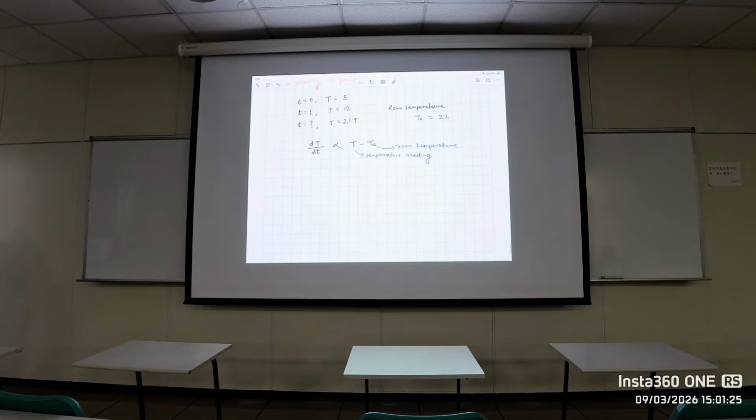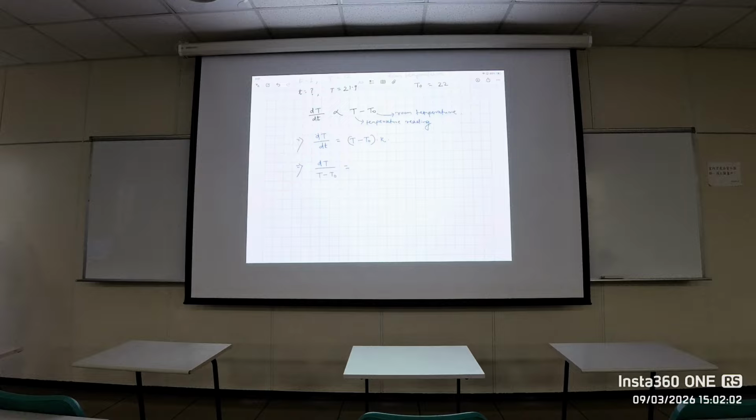Okay, that means I can write dT by dt is equal to T minus T0 into some constant k. That implies dT by T minus T0 is equal to, I am applying the separable method, k dt.